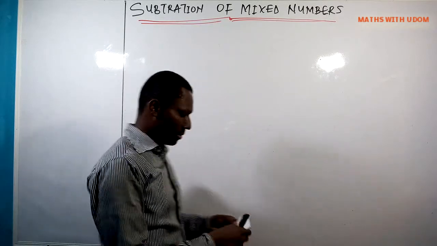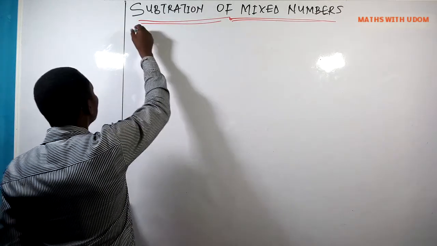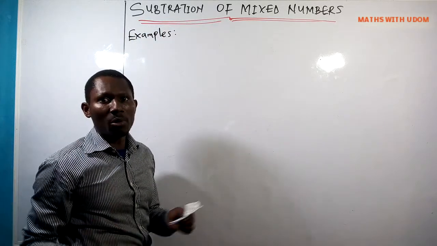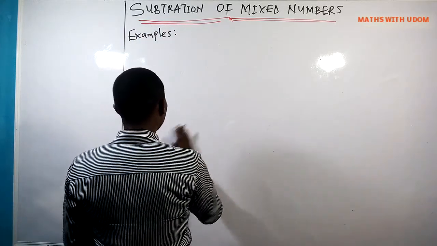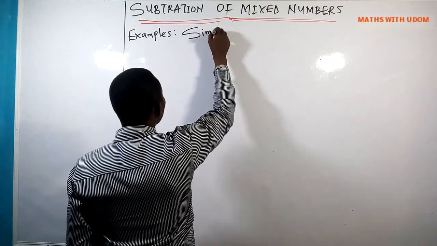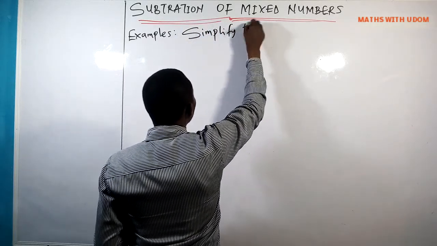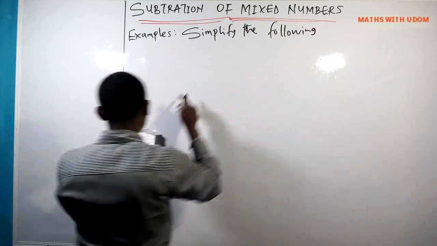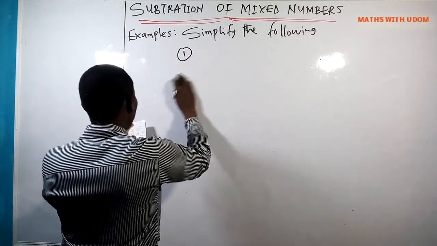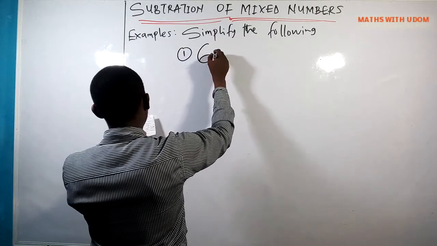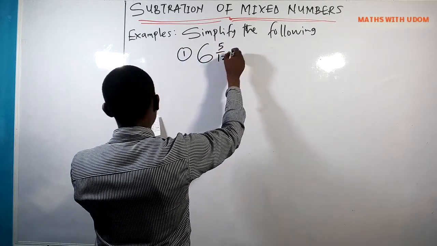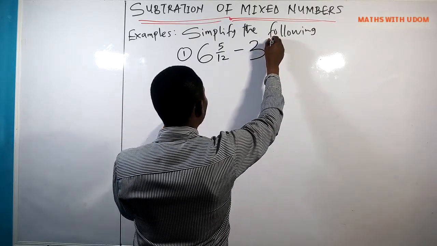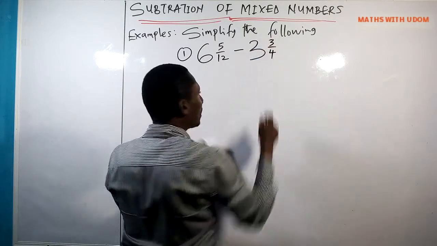Our examples for today: we are going to simplify the following. Number one, we have 6 whole number 5/12 minus 3 whole number 3/4.